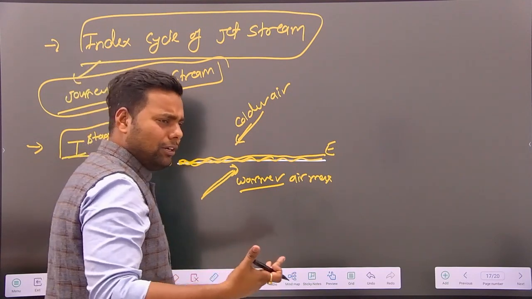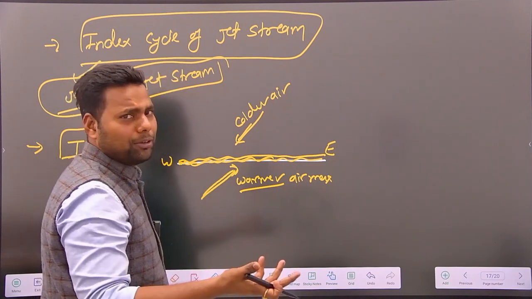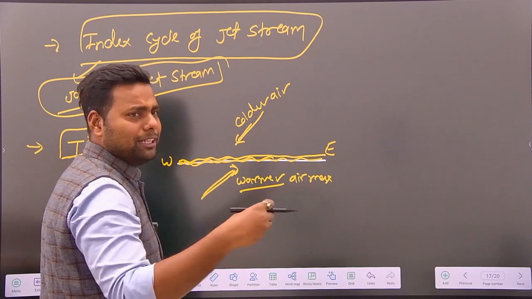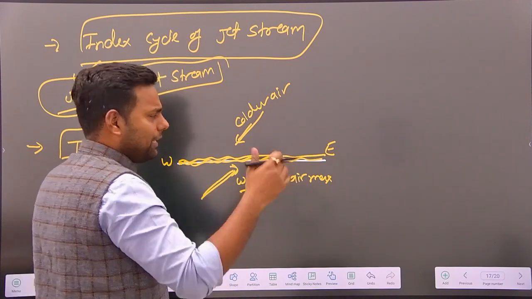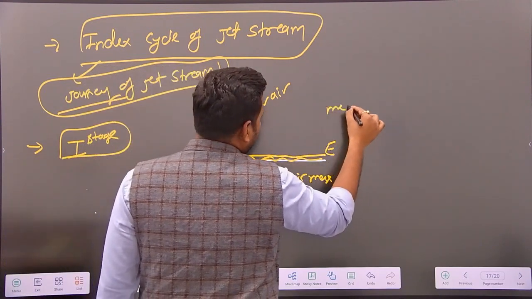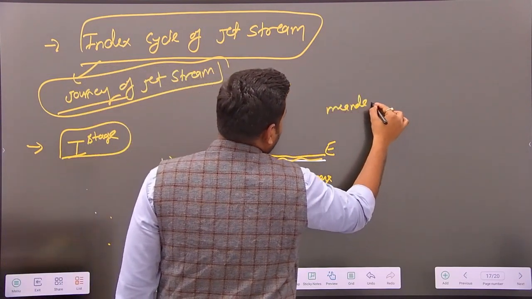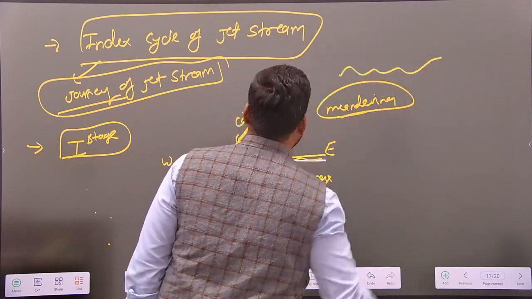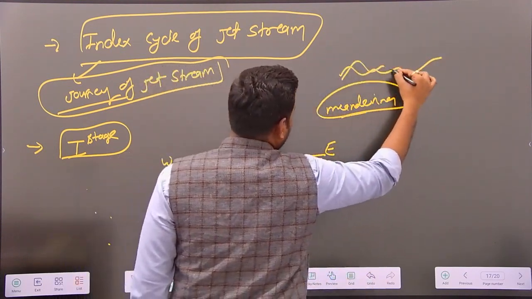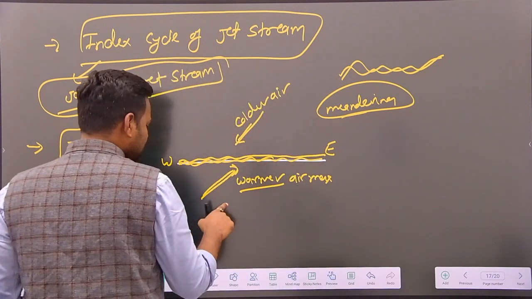We have already discussed this in fluvial topography: anything which flows in the same direction, or meanders, anything which is wave-like in a fixed direction. This is the first stage.